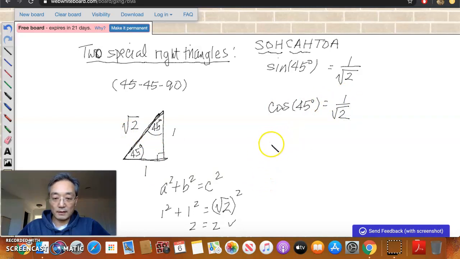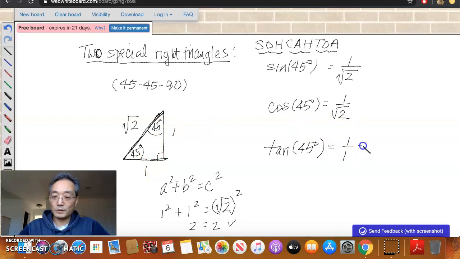Okay, and now let's take tangent. Tangent of 45 degrees is equal to, tangent is opposite over adjacent, right? So opposite is 1, adjacent is 1, they're both 1, so it's 1 over 1, which gives us an answer of 1, correct? So this one is easy. Tangent of 45 is 1.